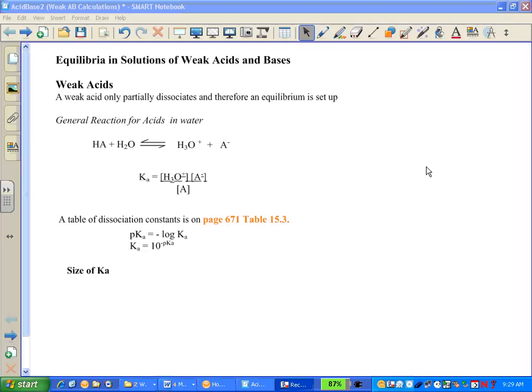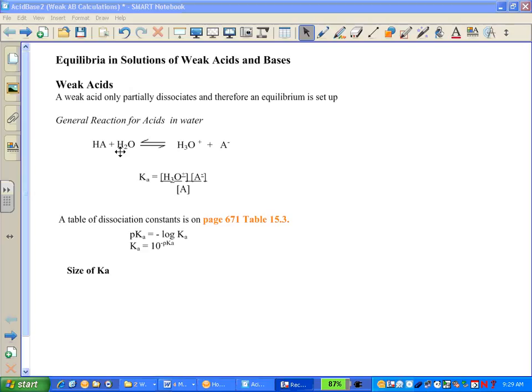First, we'll look at the general reaction for an acid and water. When we're studying a general acid, we use the formula HA. So A is the anion and H is the acidic proton. For the most part, the acids that we will deal with will be monoprotic acids, meaning they will have one proton that dissociates.